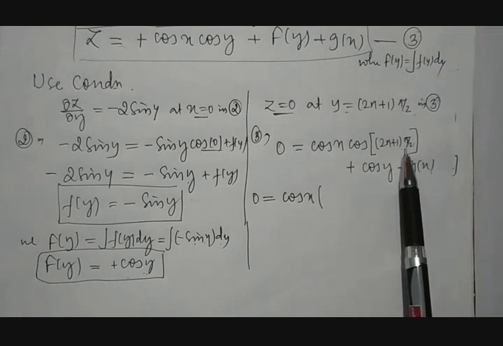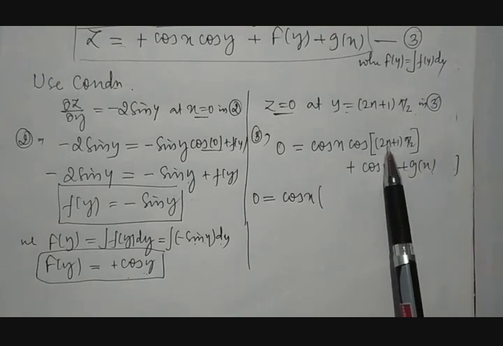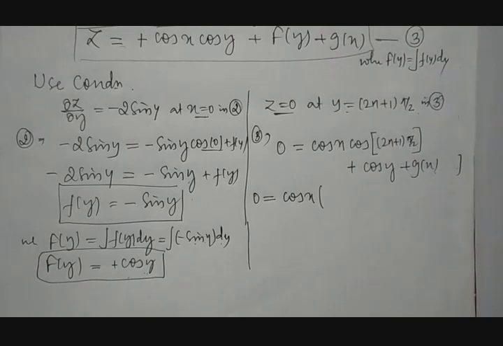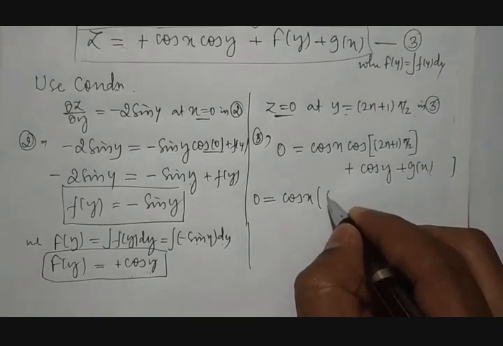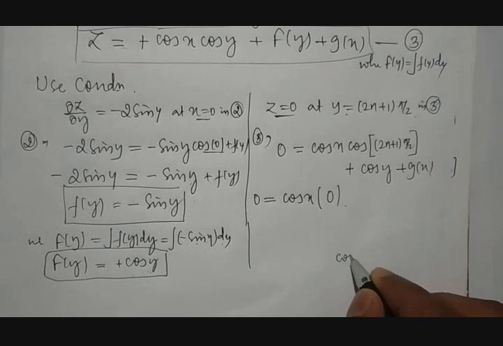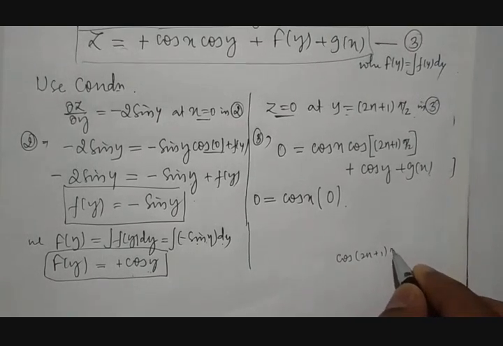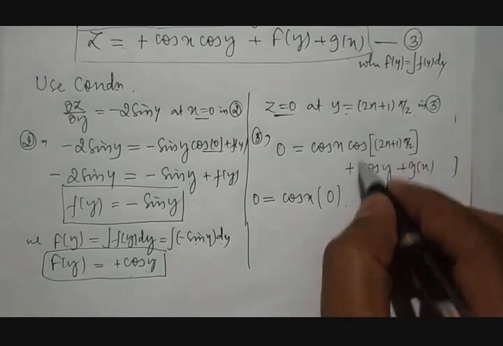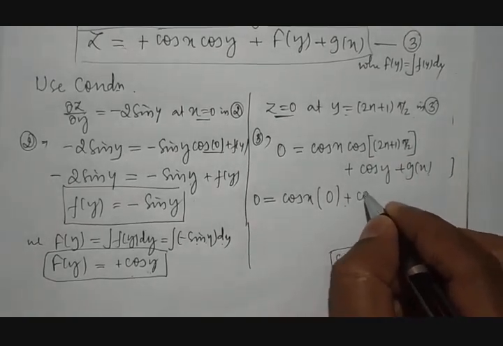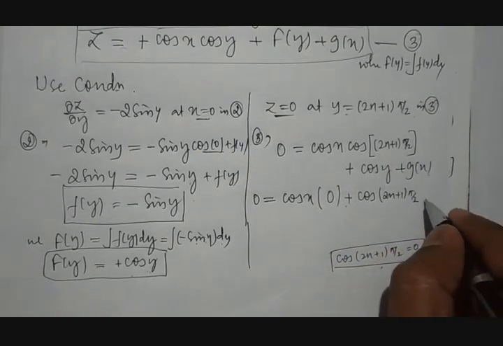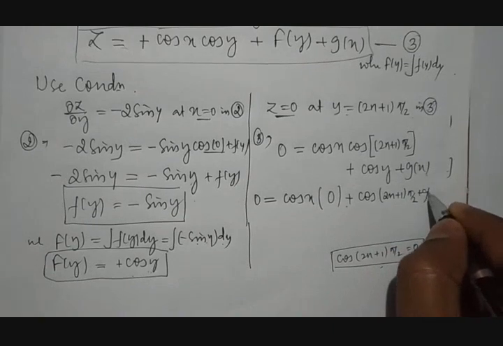Cos 90 is 0. If you take 3 into pi by 2, that is what? Again 0. It is a generalized concept that cos (2n plus 1) into pi by 2 result is 0. Therefore, this is 0 plus cos again (2n plus 1) into pi by 2 plus g of x.